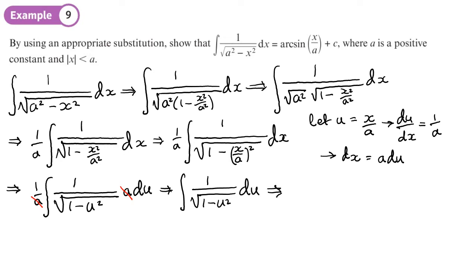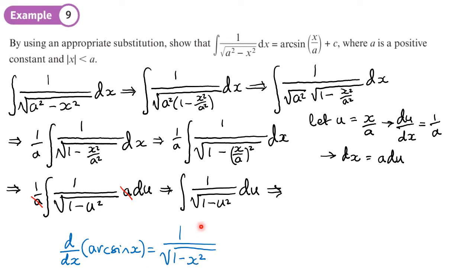Now just write down that previous result from differentiation, which was that when we differentiate arc sine x with respect to x, we get 1 over the square root of 1 minus x squared.